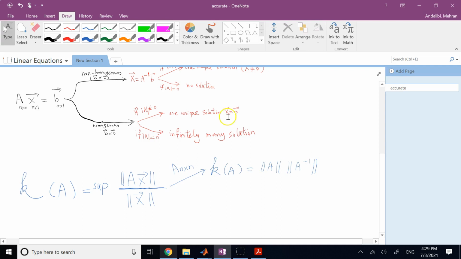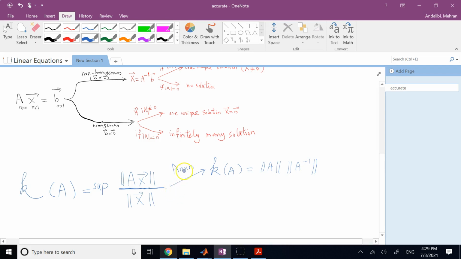Okay, and here norm again could be any norm. We can use the 2 norm, we can use the Manhattan norm, we can use the infinity norm, we can use the Frobenius norm, and so on and so forth, okay? So this is one way that you can show it.